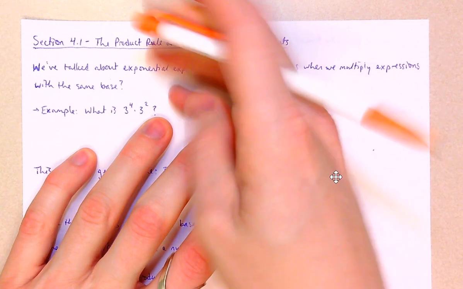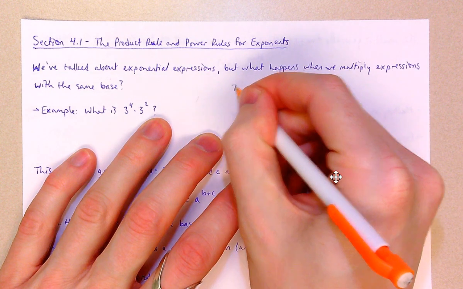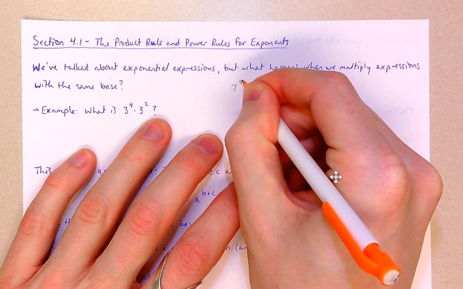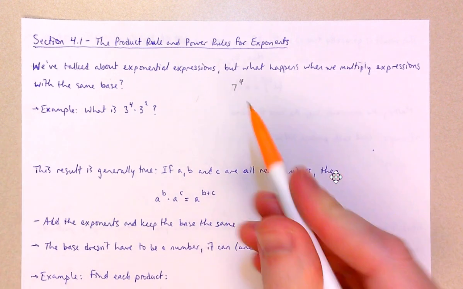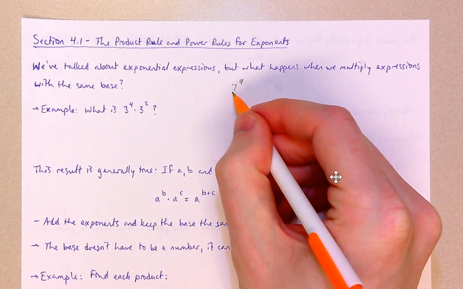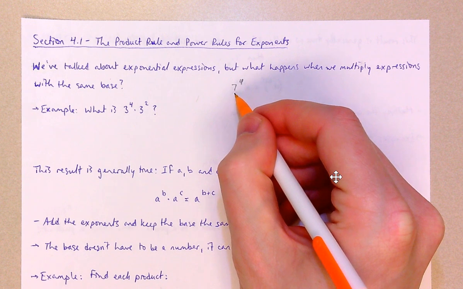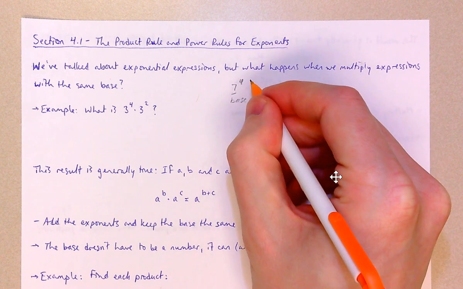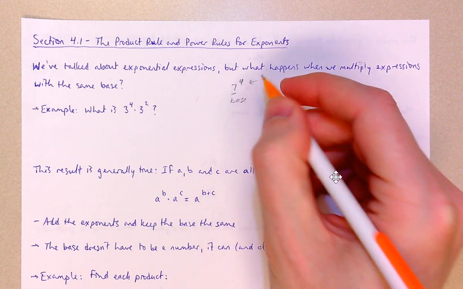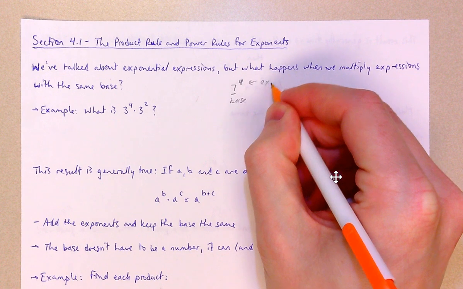Here's an example of an exponential expression: 7 raised to the power of 4, or 7 raised to the 4th power. The number that's down on the bottom, if you will, just as a quick recap, is the base, and the number that's in the upper right-hand corner is the exponent.